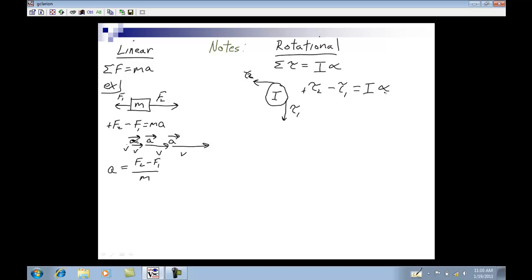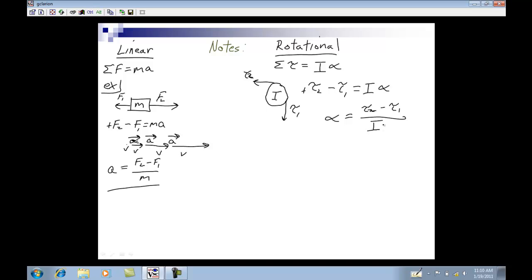So if I wanted to find the angular acceleration, I would do a similar thing as I did over here. I would just take the two torques, find their differences, and divide that by its inertia.